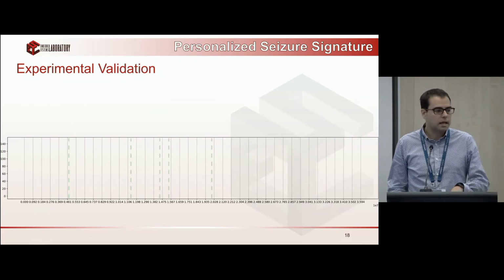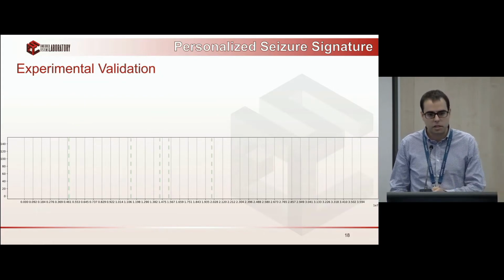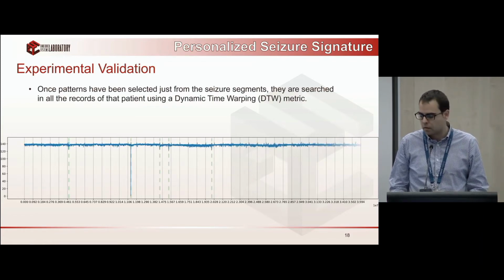So once we selected a pattern for a patient, what we do is to match this pattern with the whole duration of all the data we had for that patient. For example, here between each pair of bars, it is 1 hour. And we use a dynamic time warping metric to do the matching.